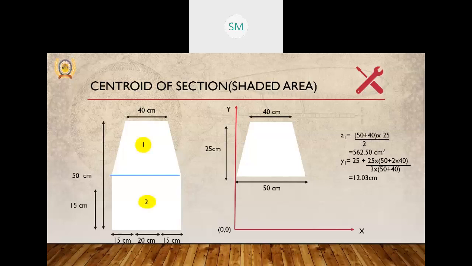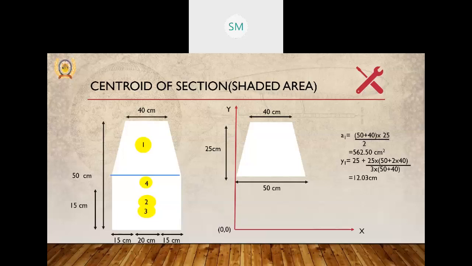And the third and fourth portions are the inner hole part that we have to deduct, which we are calculating in this second area. So let us take the area and coordinates of the first trapezium. The area will be half into sum of parallel sides into height, so that is coming out 562.50.